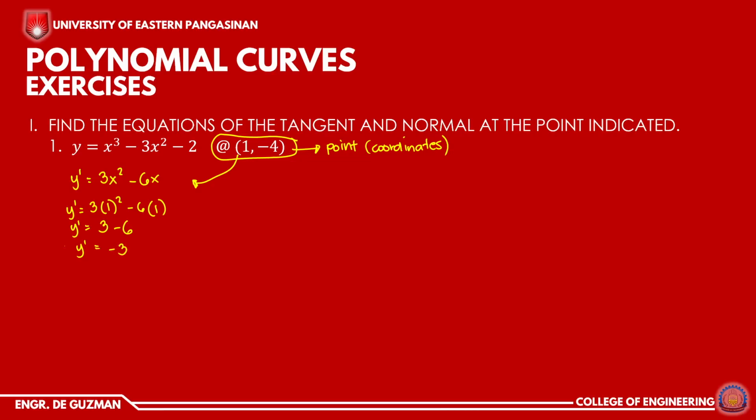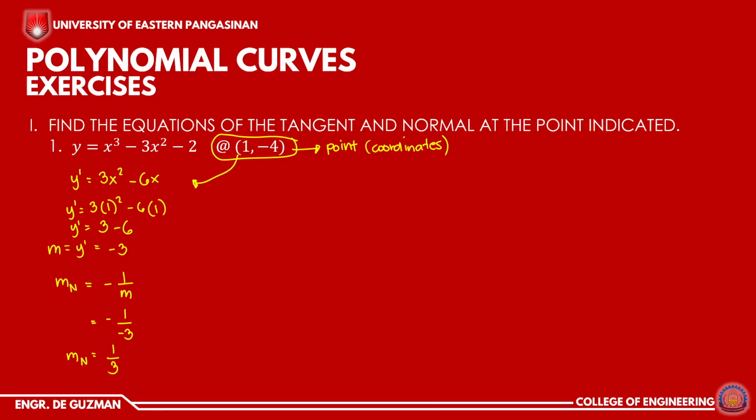And ang y prime natin, alam natin, is equals to m. So, next, kunin natin yung ating mn. Ang mn natin is negative reciprocal ng slope of the tangent line. Negative 1 over negative 3. So, negative magiging positive 1/3. So, ito yung ating value ng mn.